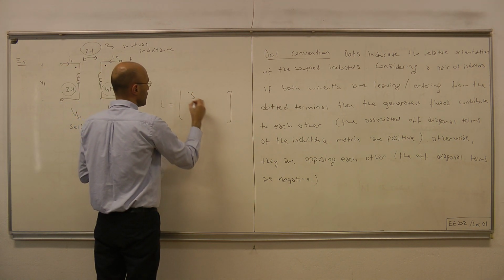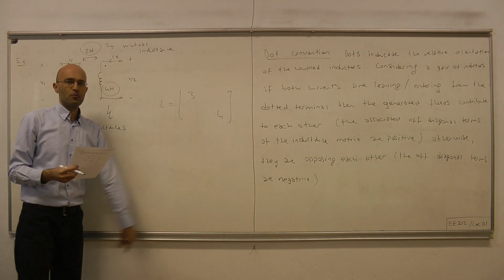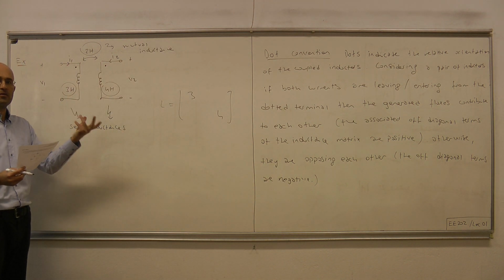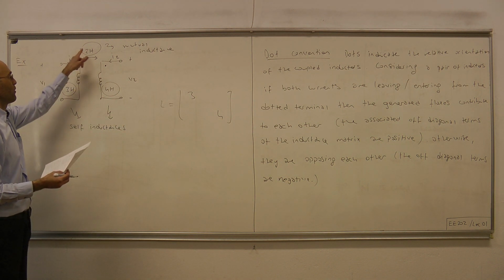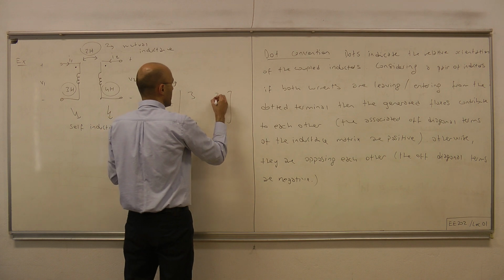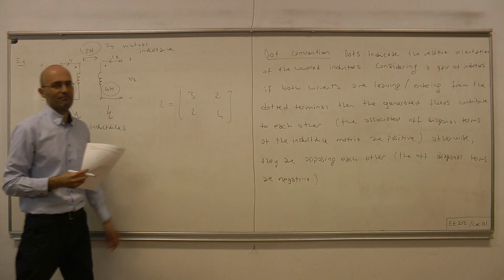So L, therefore, equals, these are the diagonal terms, 3 and 4, the self-inductances, for which we don't need the dots to write, but for the off-diagonal term, we have plus 2 and plus 2.